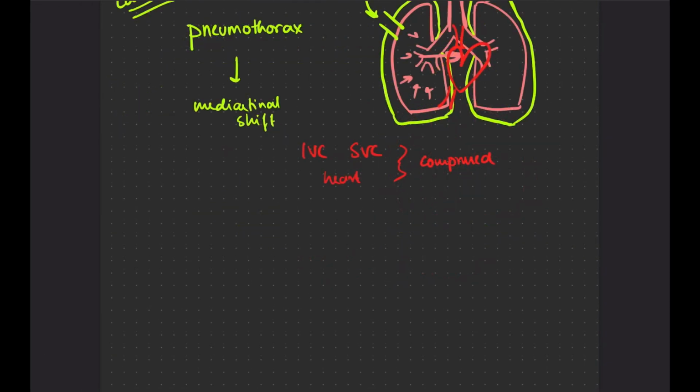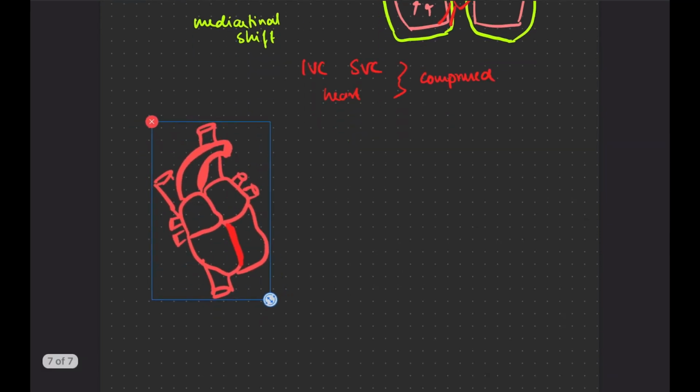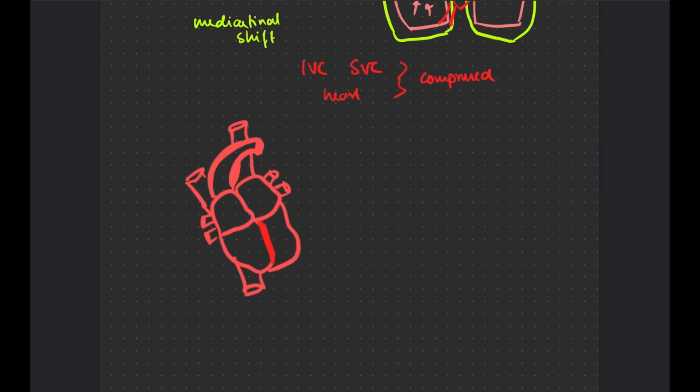What is the next cause of shock? So let's get a heart in here. Just like the lungs, the heart is also covered with a parietal pericardium, and in between the visceral and the parietal layer there is pericardial fluid. So the next cause is pericardial effusion, also known as cardiac tamponade.